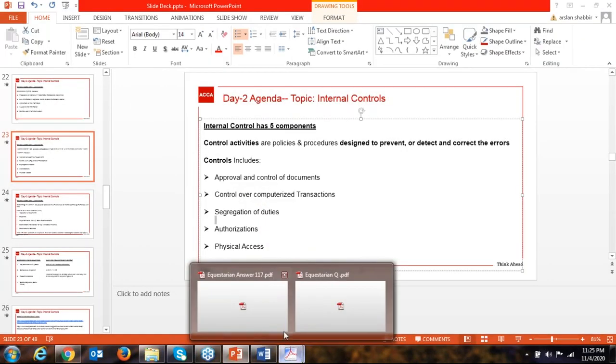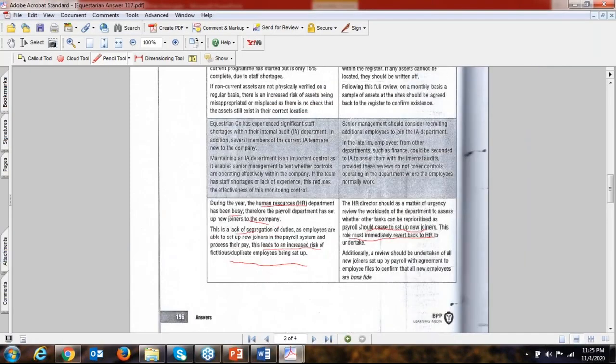Can anybody tell me why it is a deficiency? This is the last time I am asking you. So what should be the deficiency?